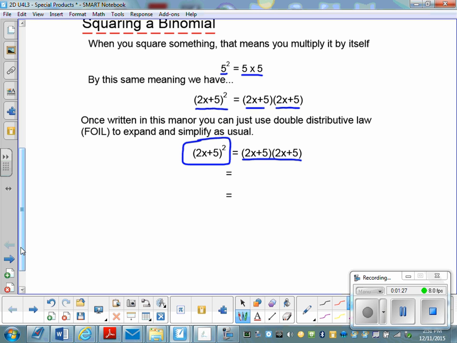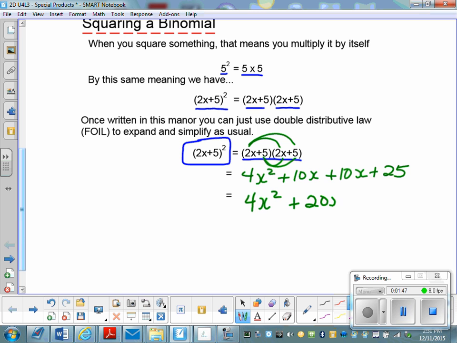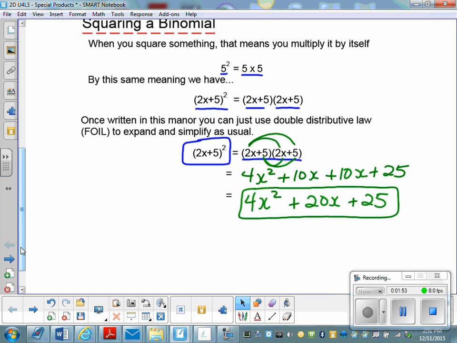So if you think back to what we did on yesterday's lesson, we're going to multiply through here. So 4x squared plus 10x plus 10x plus 25. So we end up with 4x squared plus 20x plus 25 when we collect like terms.